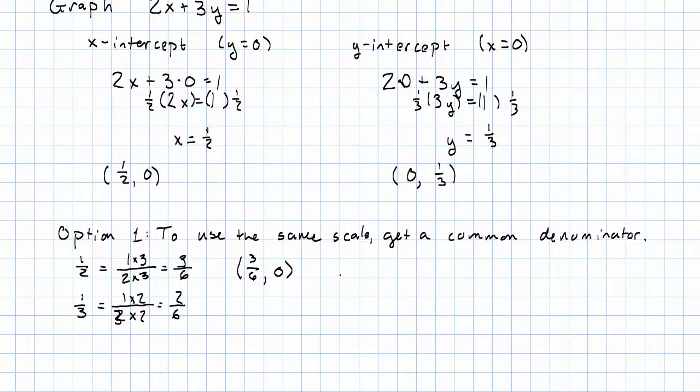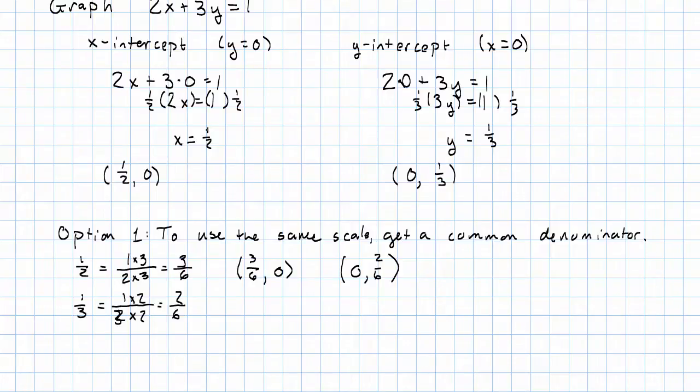So our points are (3/6, 0) and (0, 2/6). I'm going to draw my axes going out to 1 in each direction, but I'm going to have a grid line every sixth.